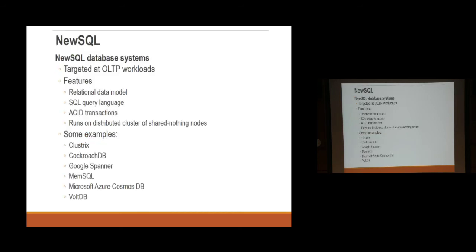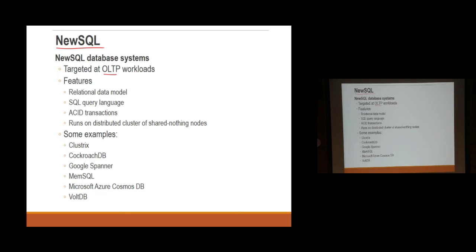The competition is what we call NewSQL. It must have the ACID properties, as opposed to NoSQL, which has the weaker consistency of eventual consistency. NewSQL must have ACID properties, but it must also satisfy the distributed system. It's typically targeted at OLTP, so online transaction processing. So it's not just online analytical processing, it's online transaction processing.